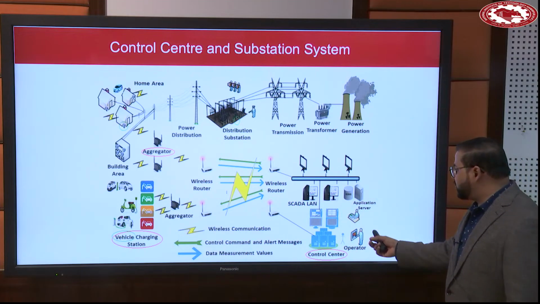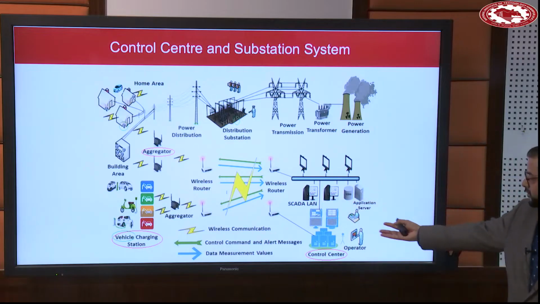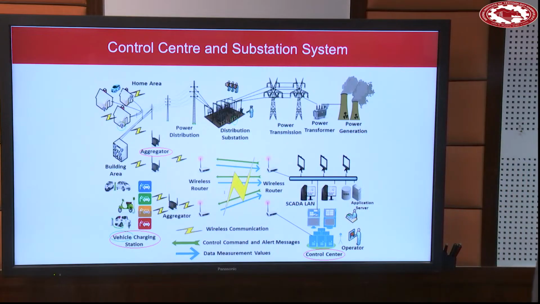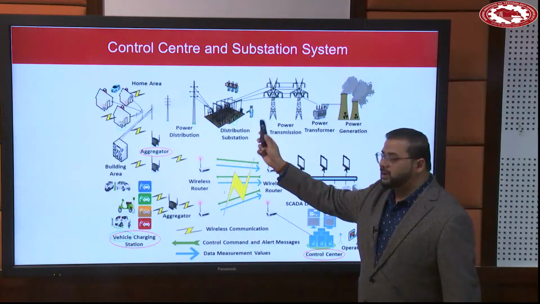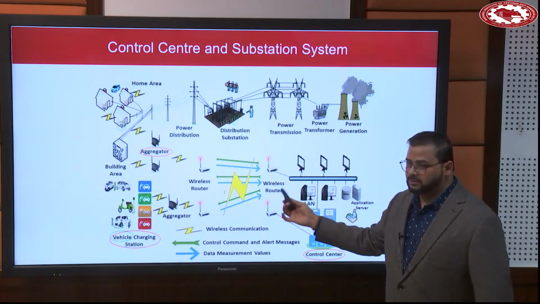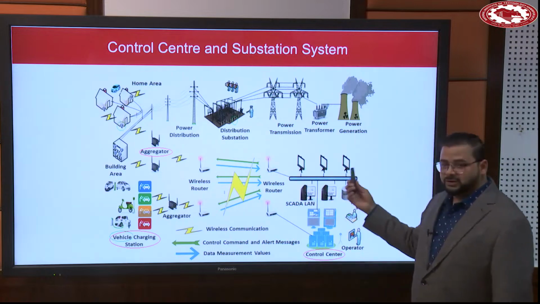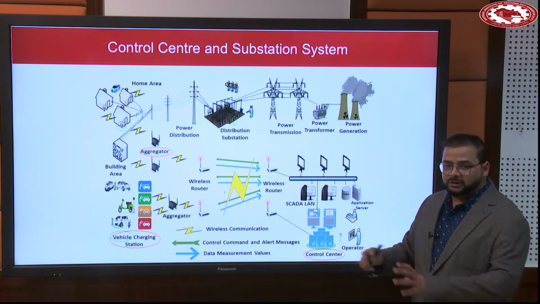At the control center, you have SCADA systems, different servers, and operators sitting in the control center looking at the big screen to see what's going on. The control center receives data from substations. I might have multiple substations. The control center receives data, wireless or wired, depending on how it's been configured, processes it, runs all the algorithms, and then understands what's going on.